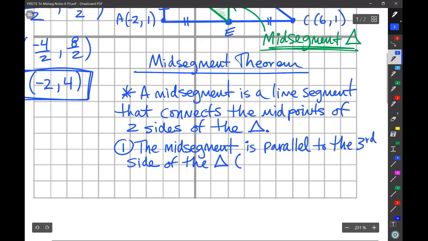And we're going to clarify what that means. The third side would be the side it doesn't touch.